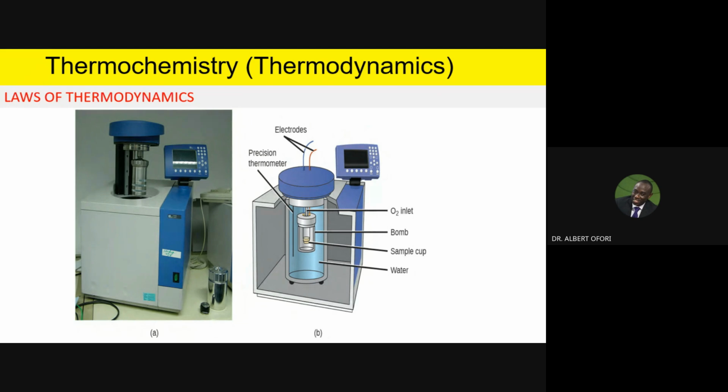Now, for the bomb calorimeter, we always need to calibrate it, to make sure that it is giving us a nice curve. We do the calibration most of the time using some benzoic acid as a sample. So if you look at it, you have the light and cap, whatever sample we are going to heat.